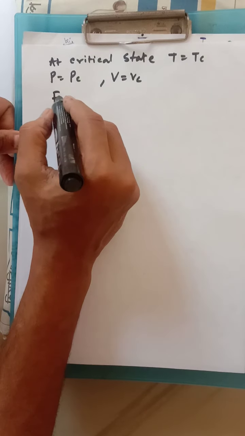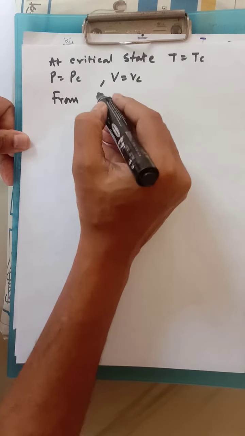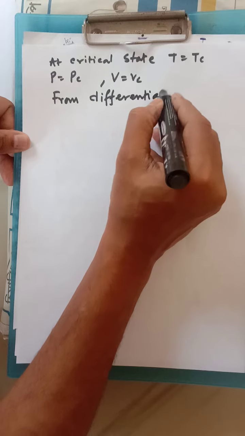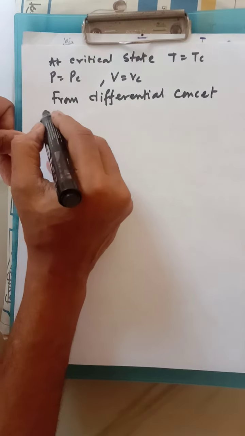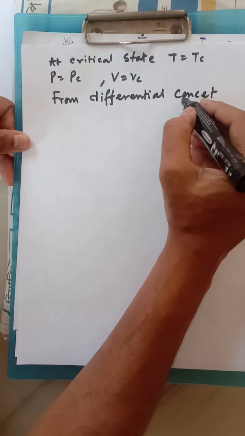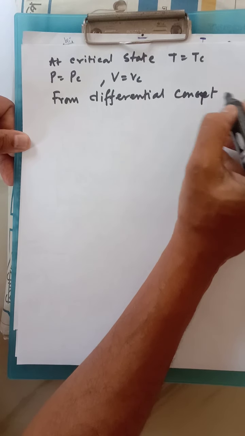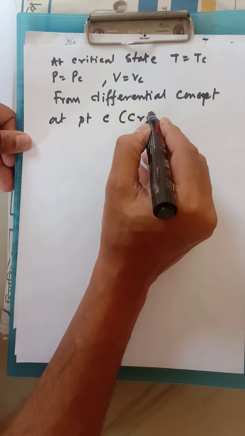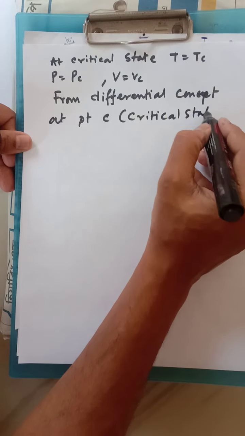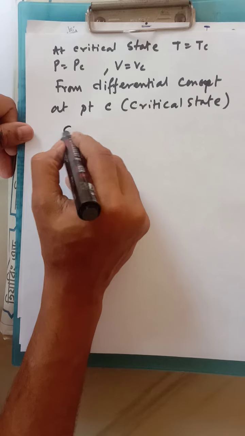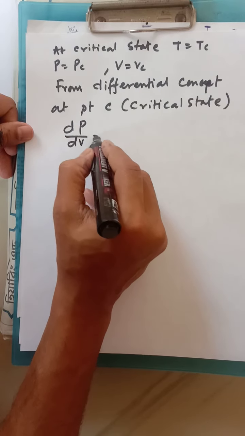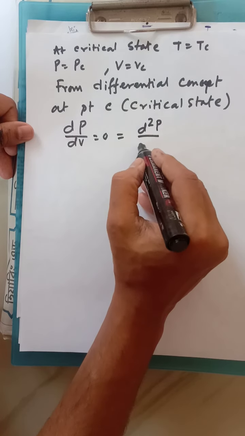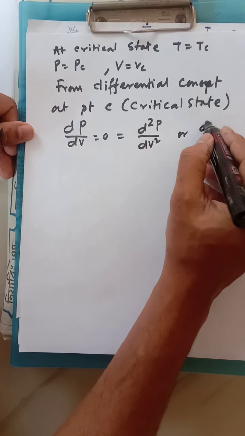Now from the differential concept, at point C, the critical state, where maximum and minimum vanish, dP/dV equals 0, and the second derivative d2P/dV2 also equals 0.